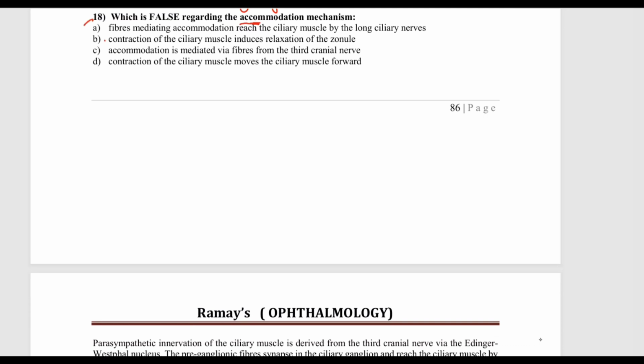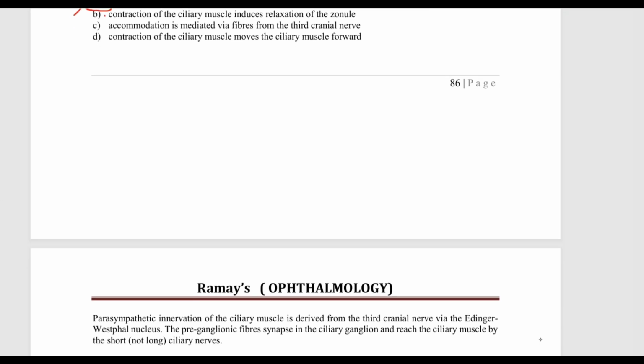The option A here is false, because the parasympathetic innervation of the ciliary muscle is derived from the third cranial nerve via the Edinger-Westphal nucleus, and the preganglionic fibers synapse in the ciliary ganglion and reach the ciliary muscle by the short ciliary nerves, not the long ciliary nerves.